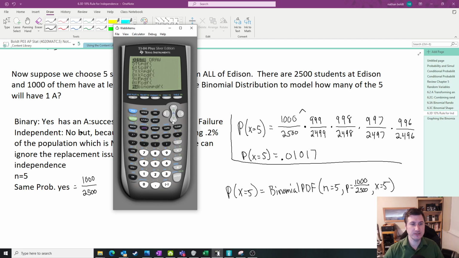All right, yours is easier to type in then. Well, now it did it. What in the world? All right, so trials, 5 trials. P-value, 1,000 divided by 2,500. X value, 5. All right, paste that in, hit enter, and it gives me 0.01024.